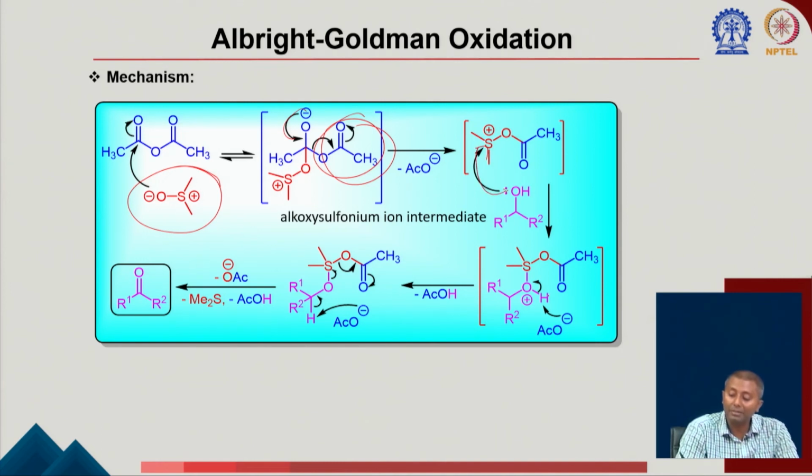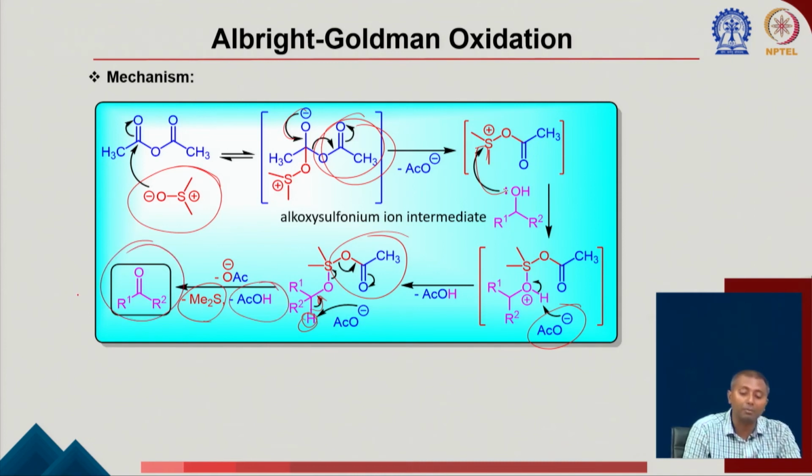From there again this AcO minus is going to take this proton to generate acetic acid, as I mentioned, that can get out as acetic acid. The acetic acid is also present here. Now this is going to take a proton from the alcohol and form the double bond here and get rid of, so two things are happening. One is dimethyl sulfide getting out, and it is also generating another acetate here. So one acetate is getting out, one acetic acid is forming, and it is going back to the corresponding carbonyl compound.